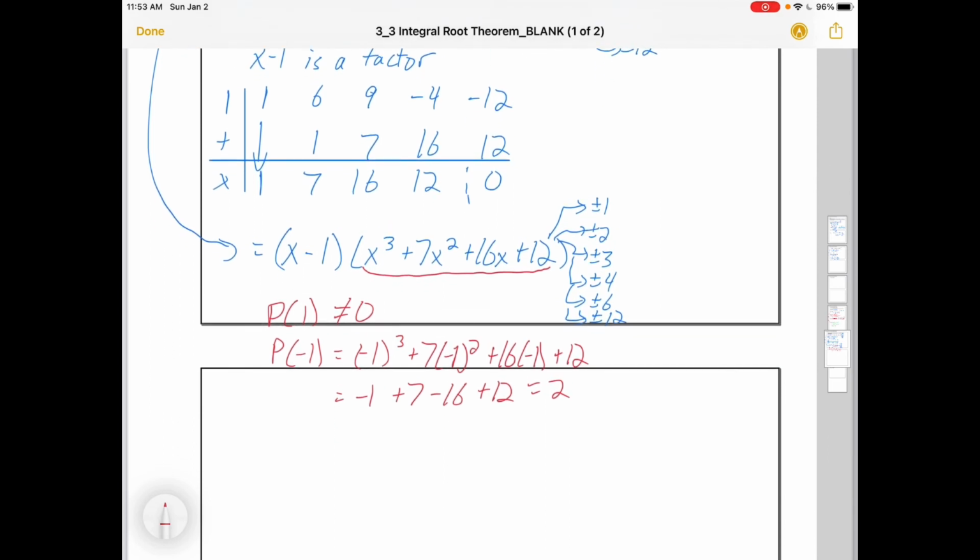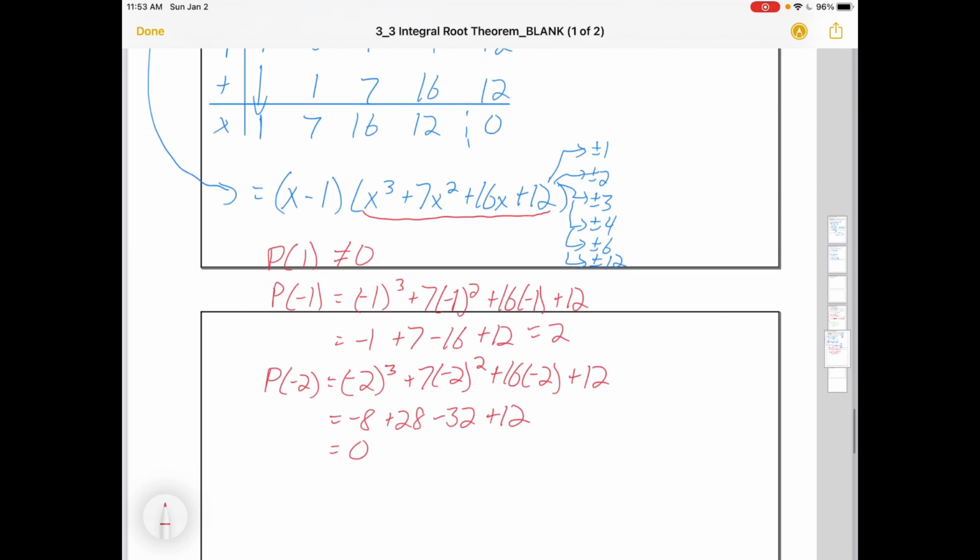And maybe you want to pause the video and try and find one at this point. And I found one when I subbed in negative 2. Okay, so because I subbed in negative 2, x plus 2 is a factor.